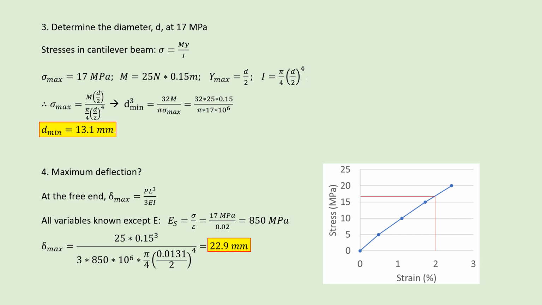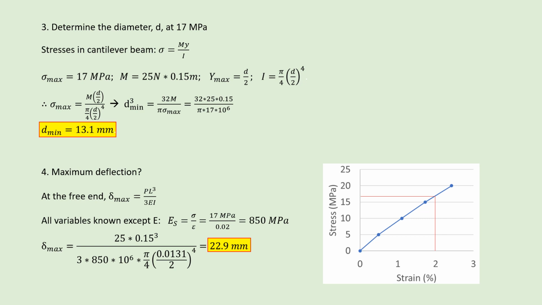Next, we have to determine the diameter D that will withstand a 17 megapascal stress. So the formula for stresses in a cantilever beam is that stress is equal to M times y divided by I, where M is the moment, y is the distance from the neutral axis, and I is the second moment area. We know from the previous slide that the maximum stress that the beam can undergo is 17 megapascals.